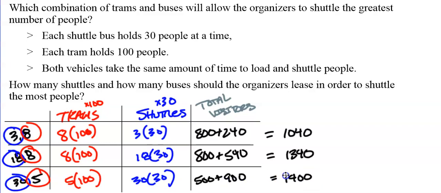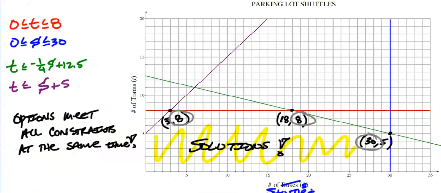So 8 plus 5.4, 1340. So apparently the maximum here is right here based upon the graphed data.